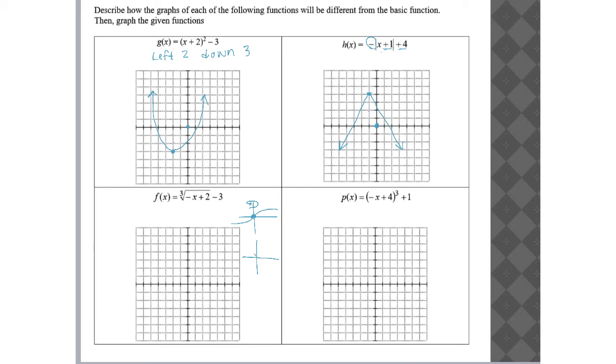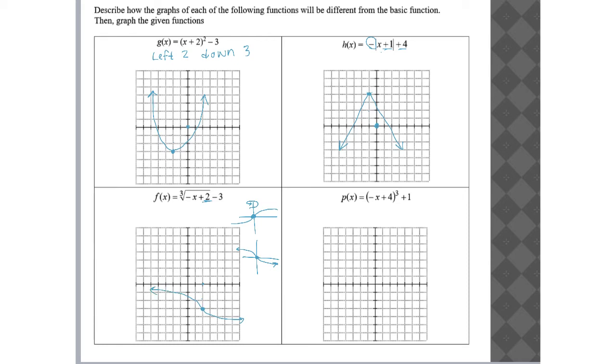So now it's going to look something like this. Well, that's weird. And then we add 2, which means I'm going to move that point back 2, so 1, 2, and then down 3. 1, 2, 3. Wow. So now we have something that's going to go off that direction and then come up and go this direction.